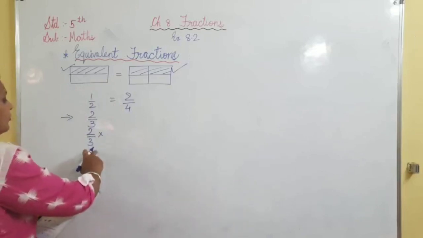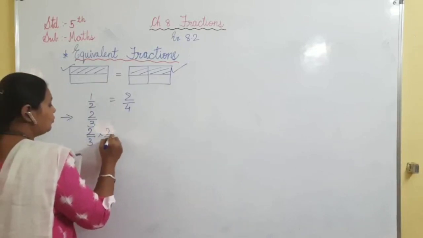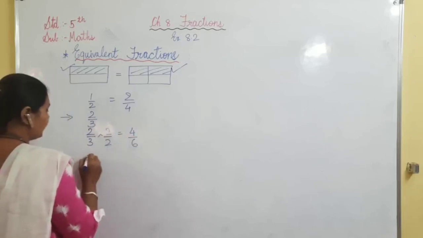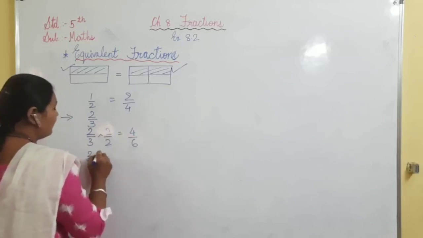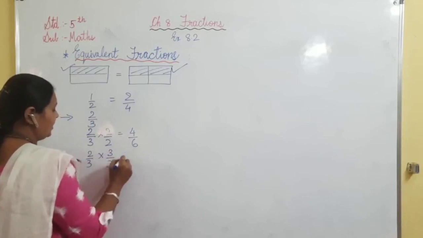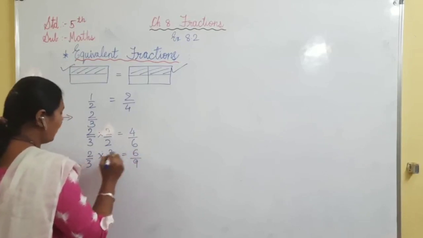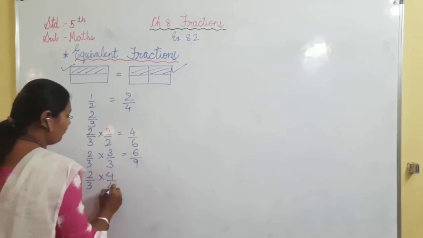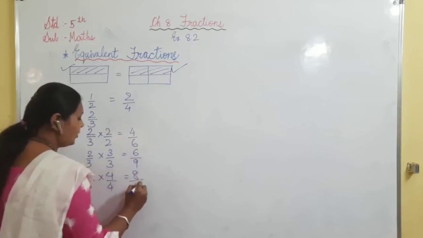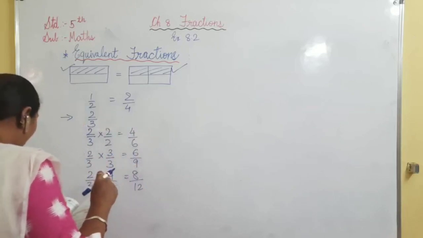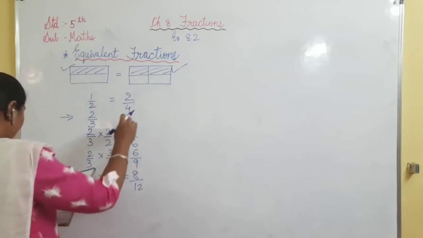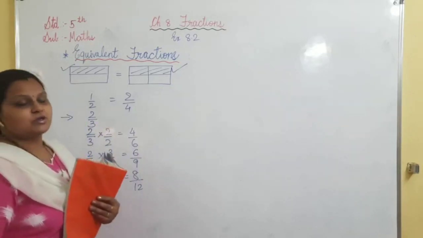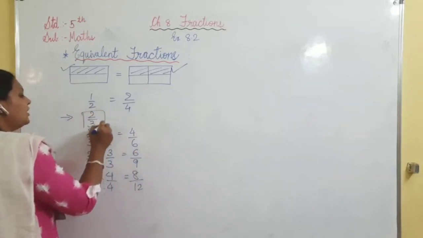So 2 upon 3 multiplied by 2 upon 2 is 4 upon 6. 2 upon 3 multiplied by 3 upon 3 is 6 upon 9. 2 upon 3 multiplied by 4 upon 4 is 8 upon 12. Now we can say that all these fractions are called equivalent fractions to 2 upon 3.